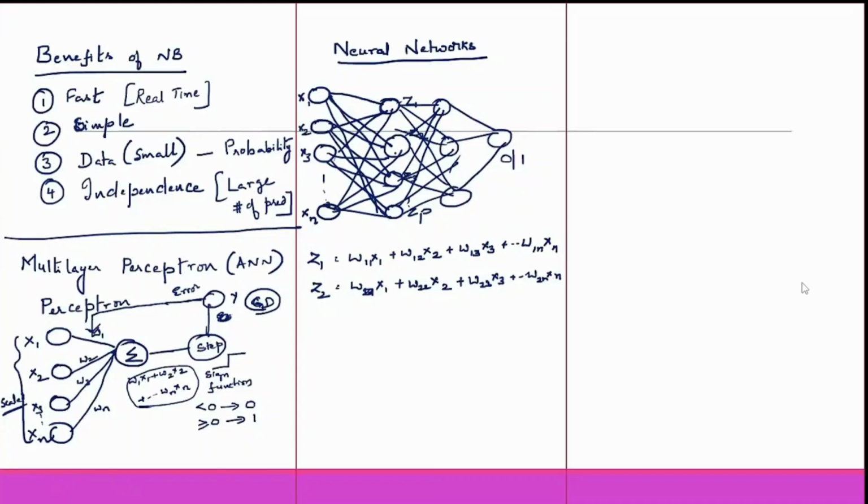This kind of transmission means there is a lot of transformation of the original data that is happening at multiple levels. So this is what is typically called an artificial neural network.